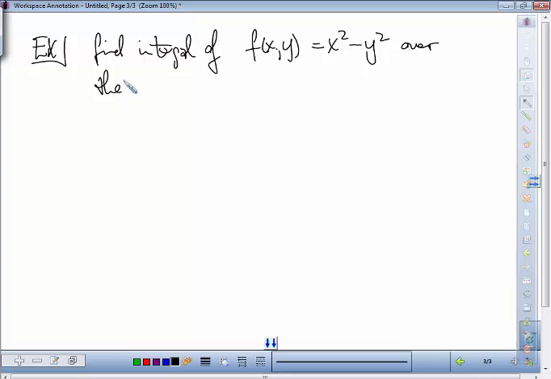Over, now I need to come up with a curve, and I'll just say over the circle, the piece of the circle in the first quadrant.